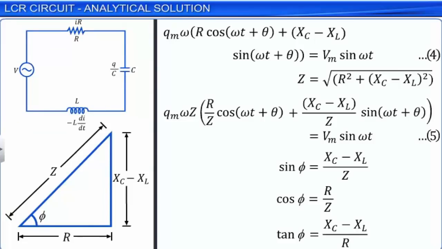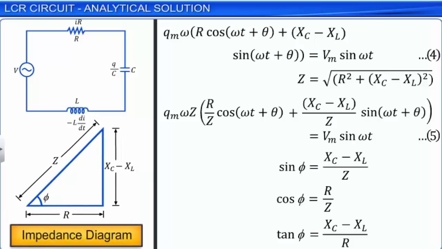This is called the impedance diagram. From the impedance diagram also, we observe that tan φ is equal to (Xc minus Xl) by R. Hence, we get the same relation for φ as was obtained through the phasor approach that we learned earlier.